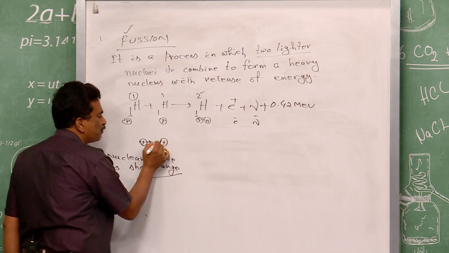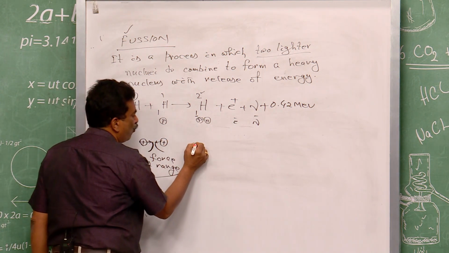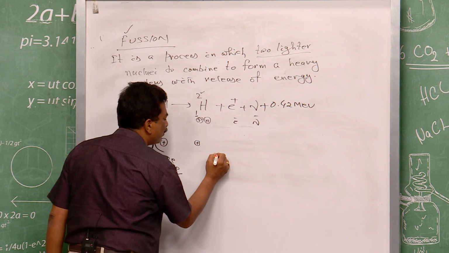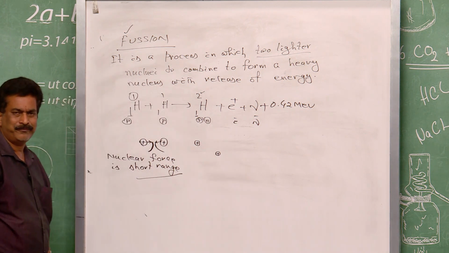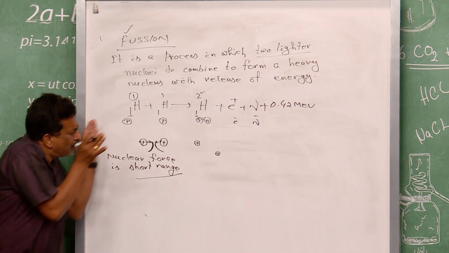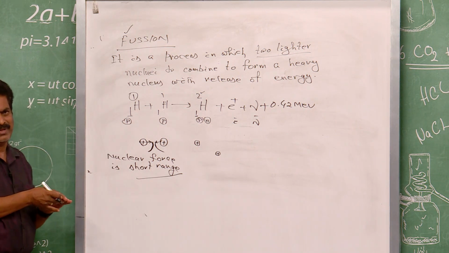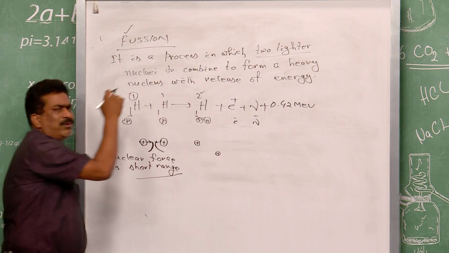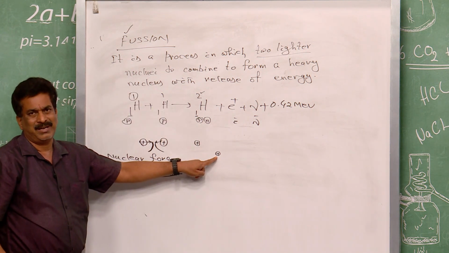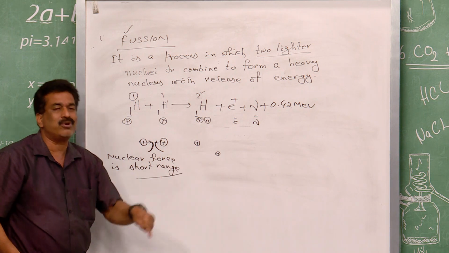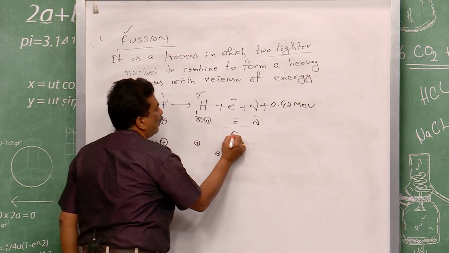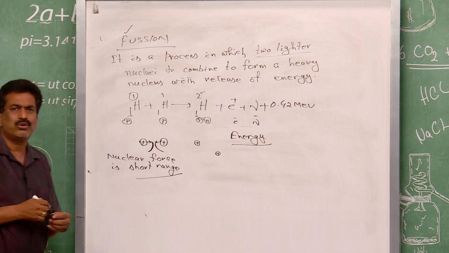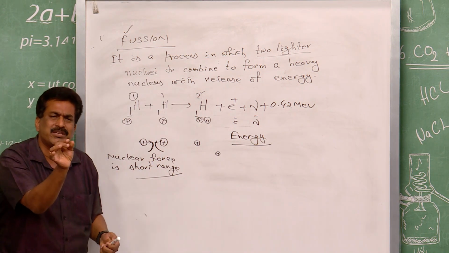Suppose of these two charged particles, one is taken away and shifted to another position, and if we apply some external force, it moves towards the other particle. That external force is in terms of energy, though they are placed very near to each other.